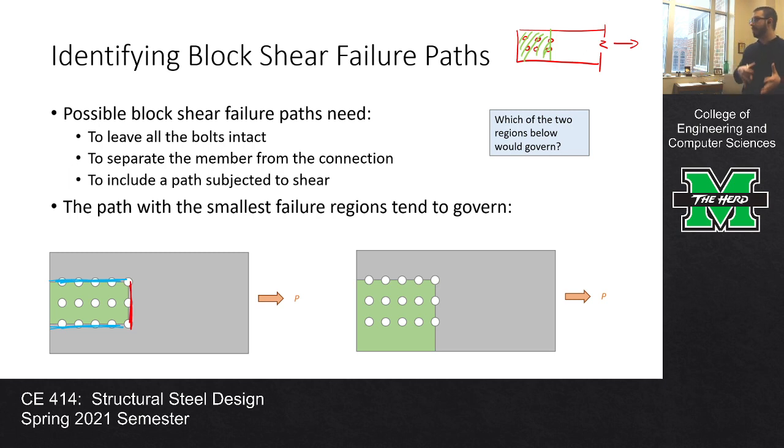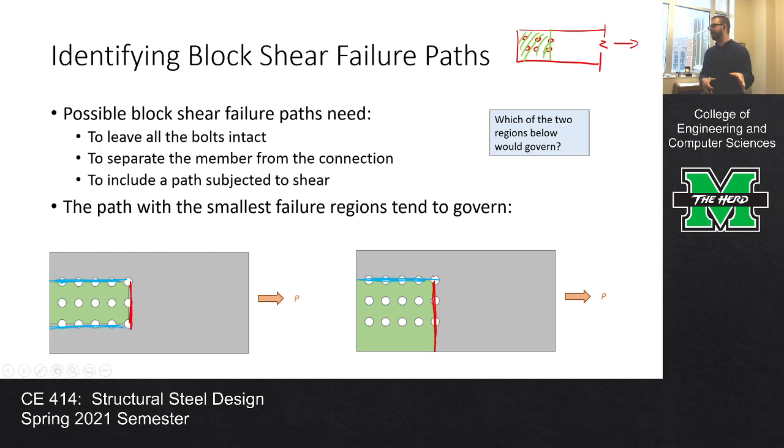So in order for the member to fail, all that has to rip out. Okay? Now what about over here on the right? Well, this is the only path that we see here in shear. For tension, we've got this. Actually, I can do a little better now. So this is my tensile path.